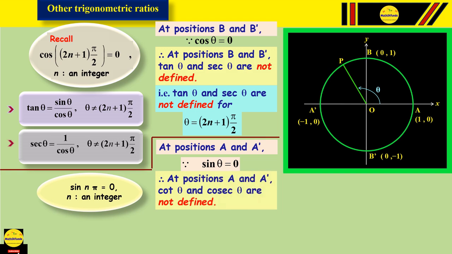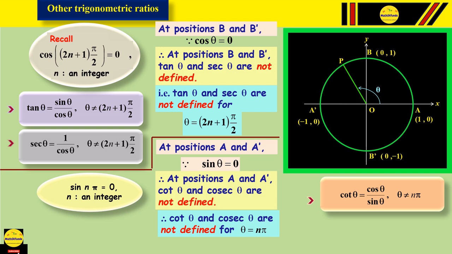So at these positions, cot theta and cosec theta we won't be able to write, because sine theta is becoming 0 at these positions. So if I am writing cot theta as cos theta upon sine theta, then I will have to write there itself theta not equal to any multiple of pi. Then only you can have cot theta. The moment you get theta equal to n pi, cot theta is not defined. This is what we are going to write in future.